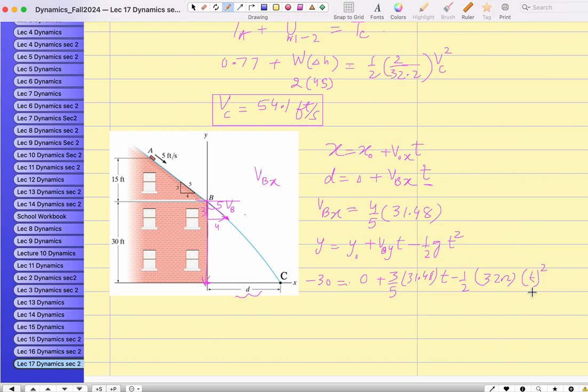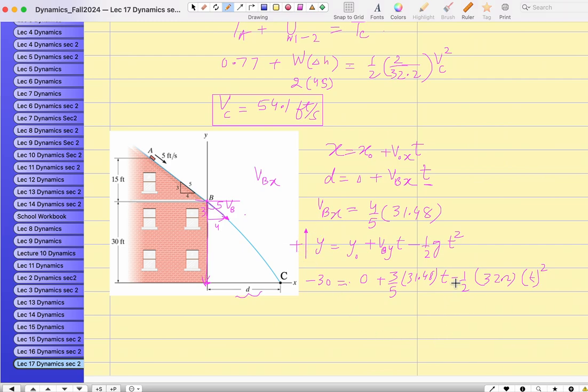One thing I want to mention is that upward in this case is positive.